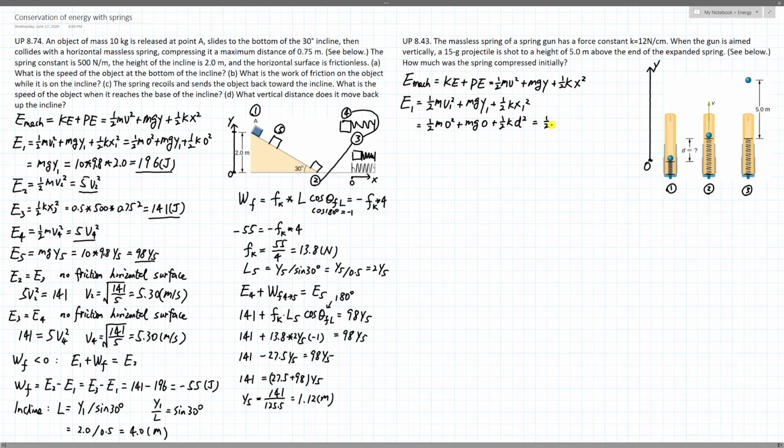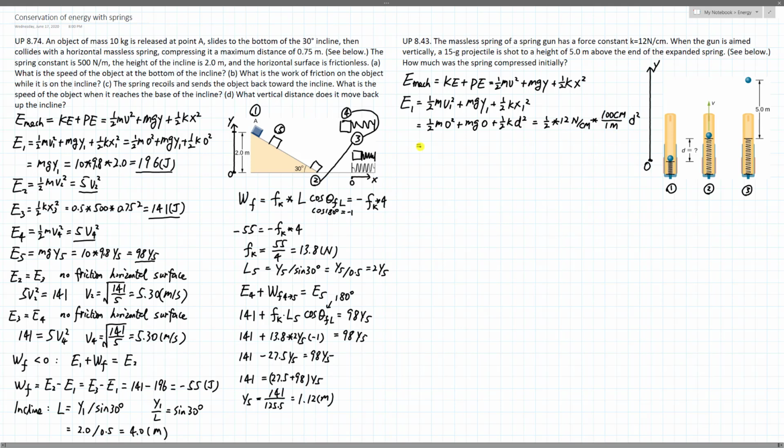So 1/2 times 12 newtons per centimeter, and we want some standard units, and centimeter doesn't really work too well. So this is in the denominator. We can do 100 centimeter on the numerator, divide by 1 meter to get rid of centimeter, and then we also have this d squared.